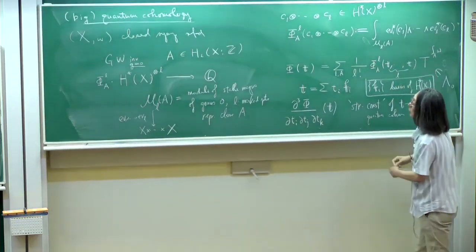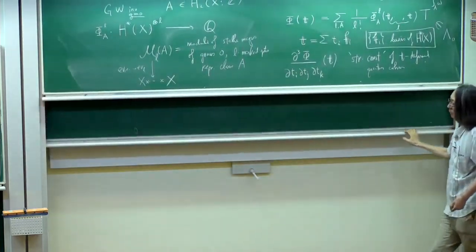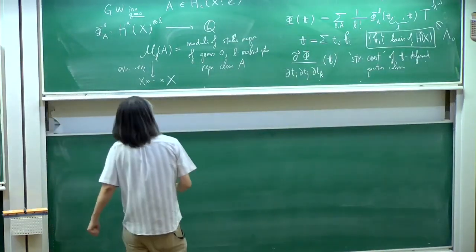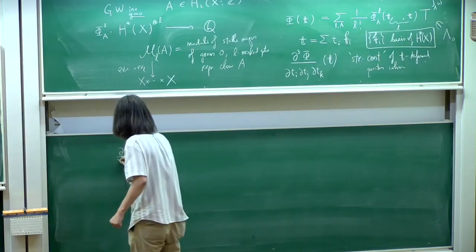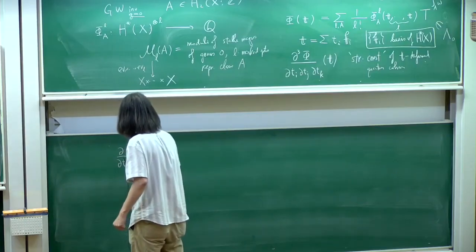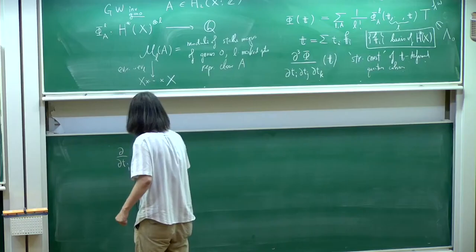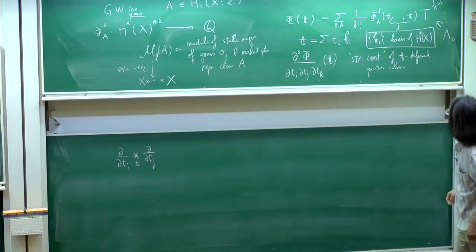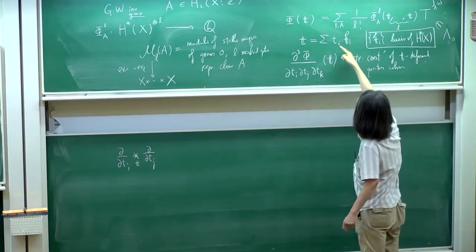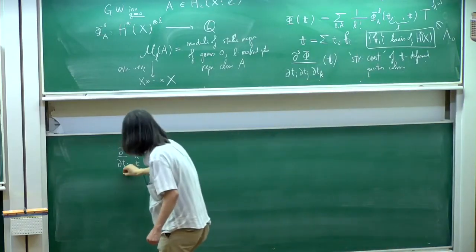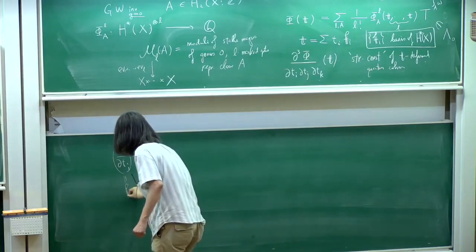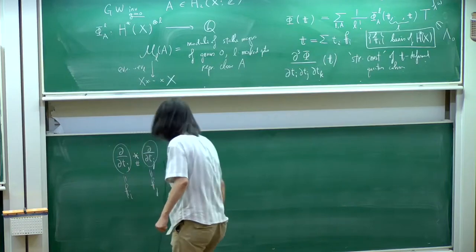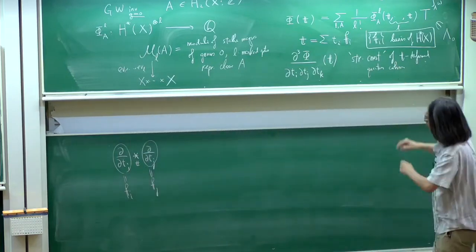So in which sense? It is like this. You have d/dt_i, and d/dt_j. So d/dt_i is actually the element f_i; you identify f_i, and this one is f_j, as an element in cohomology.